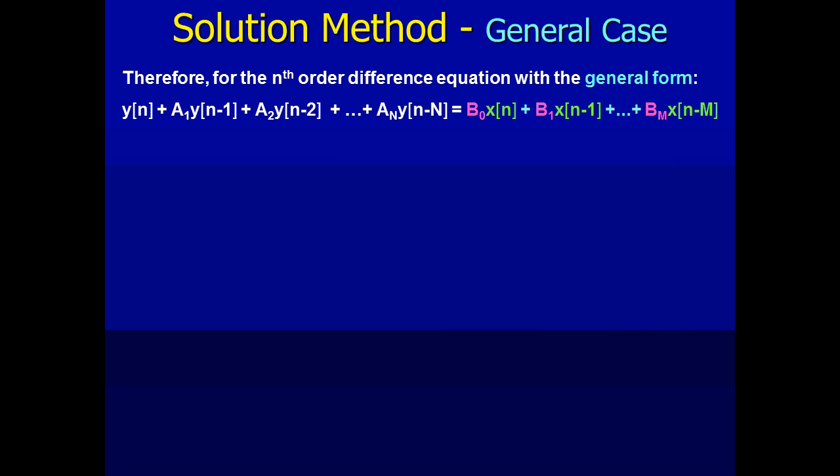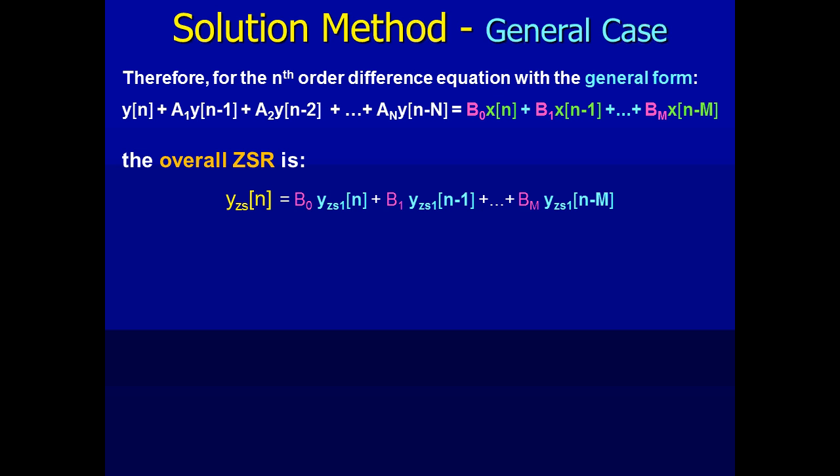So if you have this condition where on the right side we have the b0 x of n, b1 x of n minus 1, and so on, the overall zero state response is take that same b0, multiply it by the zero state response from the single input case. And then if I have a b1 x of n minus 1 term, I'll take the single input case zero state response, delay it by 1, and scale it by b1. And so on and so on and so on. Okay?